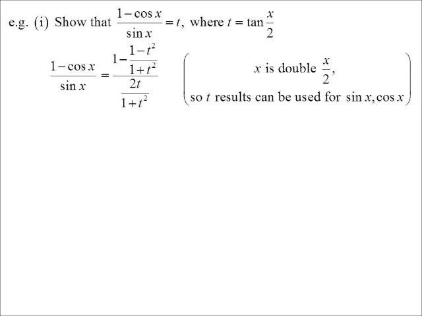The denominator, nicely when we're dealing with cos and sine and fractions, because the denominator is the hypotenuse in both ratios, we're always going to get this lovely situation where we can get rid of it very easily by just multiplying everything by 1 plus t squared. So when I do that, the top becomes 1 plus t squared minus 1 minus t squared over 2t, 2t squared on 2t, which cancels to just be t.